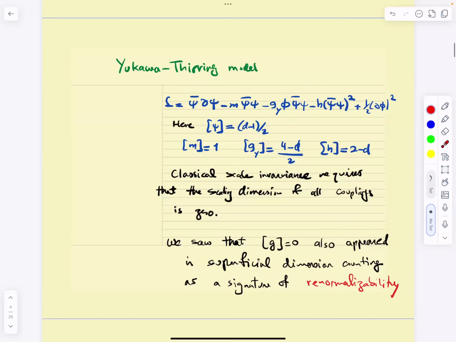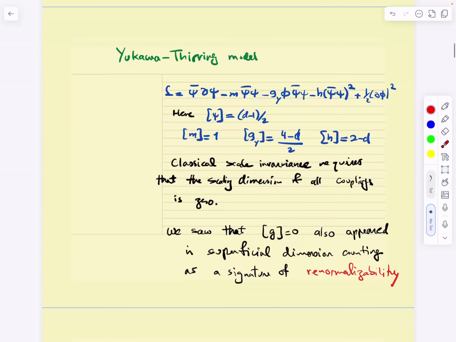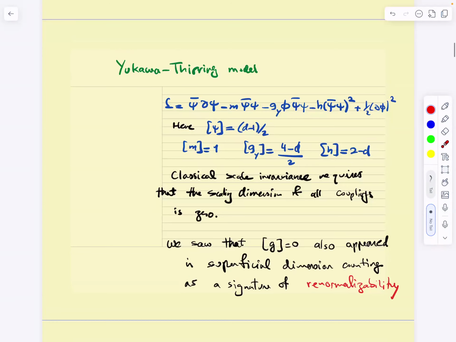Any questions about the Yukawa model? So this action gives you examples where you get scale invariance in two space-time dimensions or 4 space-time dimensions, depending on what values you pick. Good? Questions?